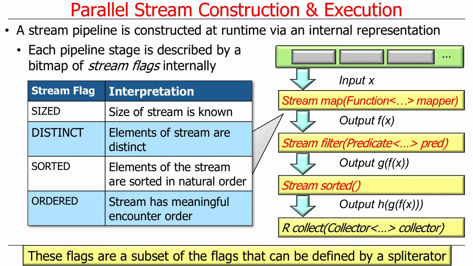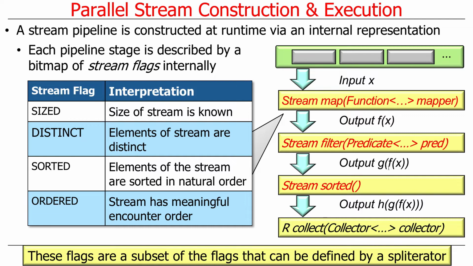That would be the case with, for example, a tree set. But if we had a hash map, we couldn't set that flag. The other field, which is a little confusing because it sounds like sorted but is actually different, is ordered. Does the stream have a meaningful encounter order? A list has ordering properties, whereas a hash map does not.